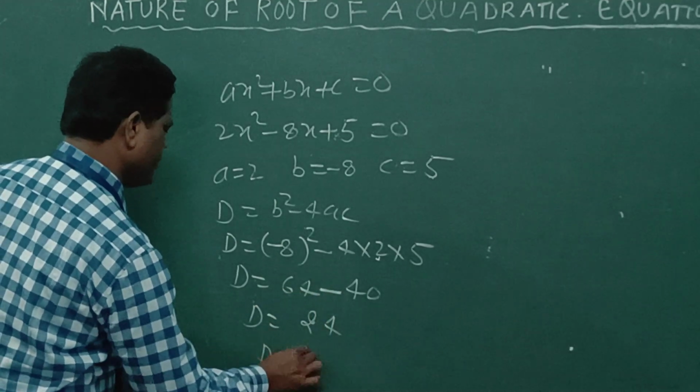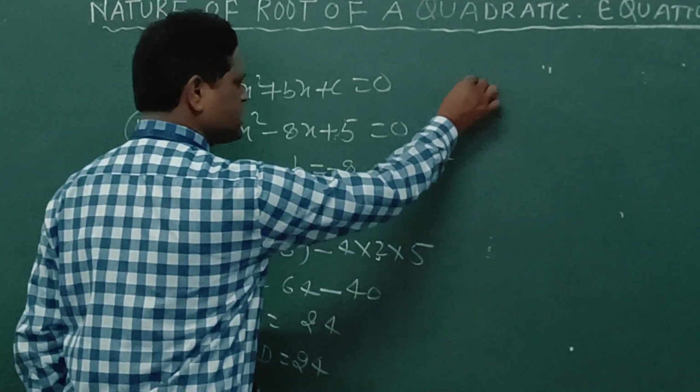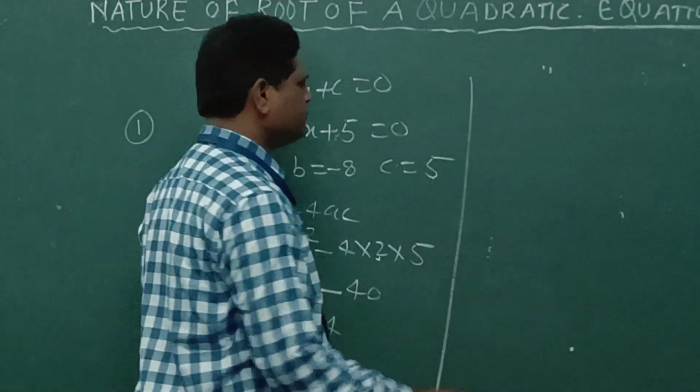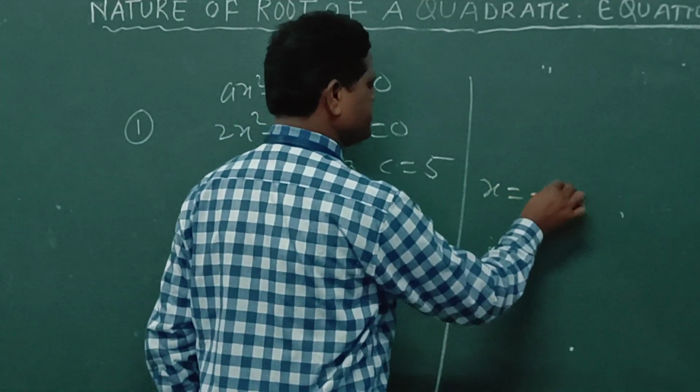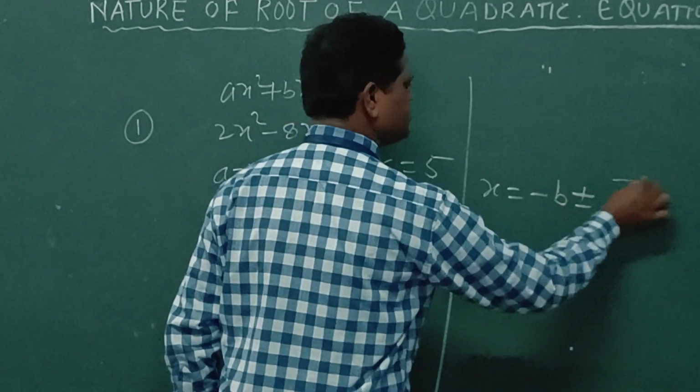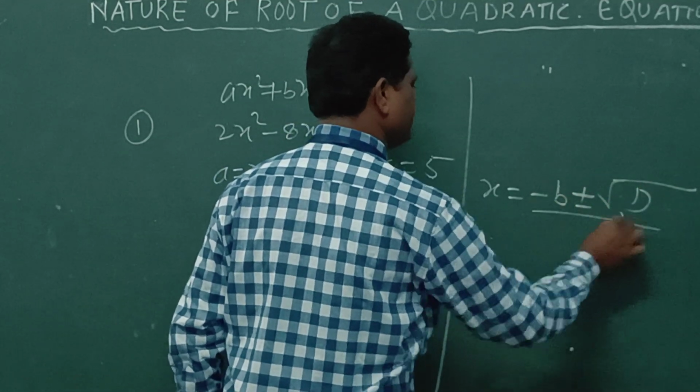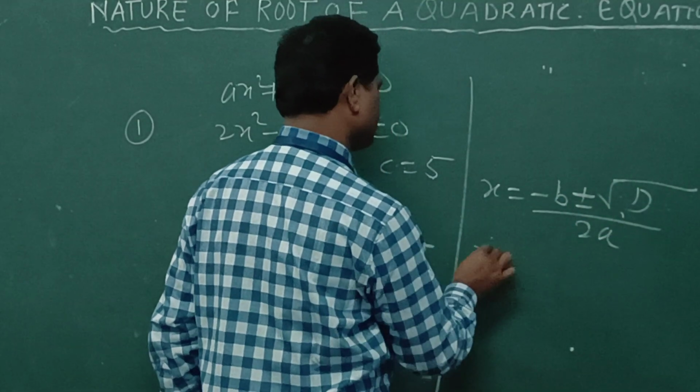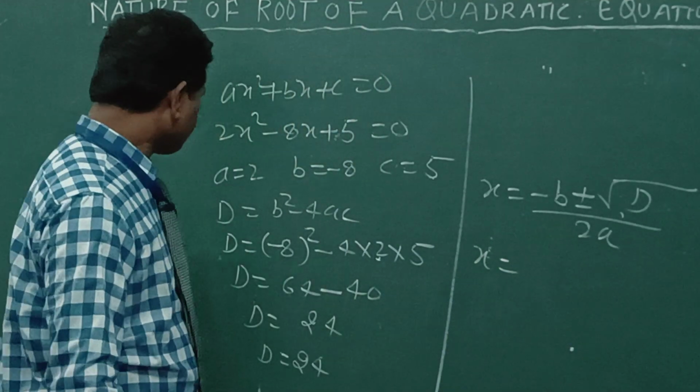D equal 24. Use the Sridharacharya formula. We know that x equal minus b plus minus root D by 2a. Find the value of x.